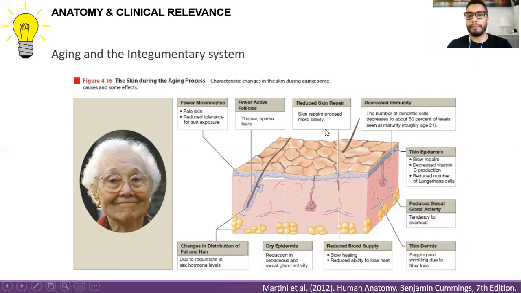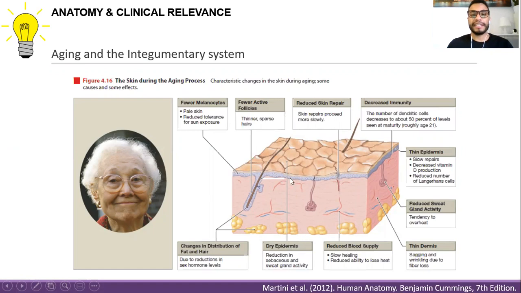We have reduced skin repair. When we get injured, it takes time for the skin to heal again, because we also lose some of the immune cells, the dendritic cells that we have here in the integumentary system, which decreases immunity. So we have thin epidermis, reduced sweat gland activity, reduced blood supply.